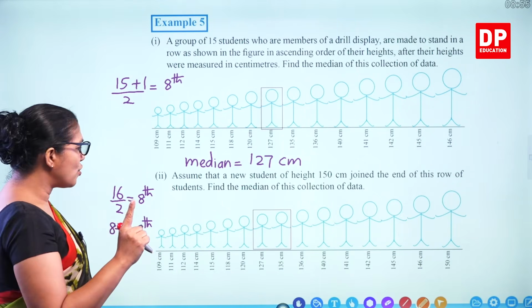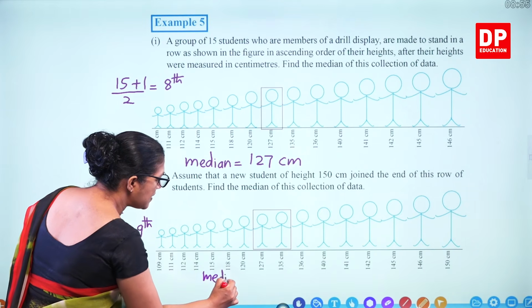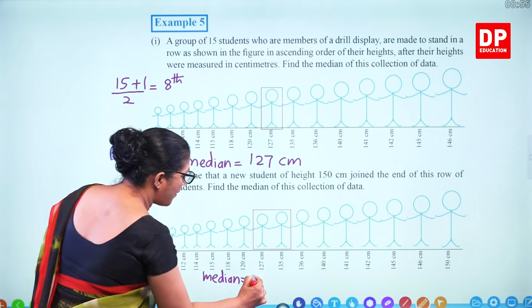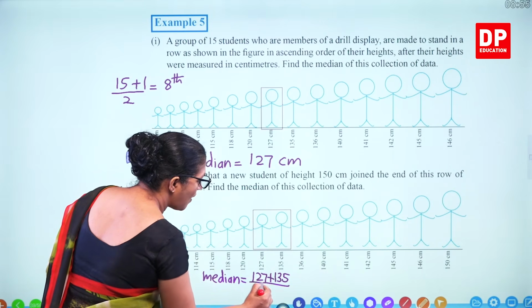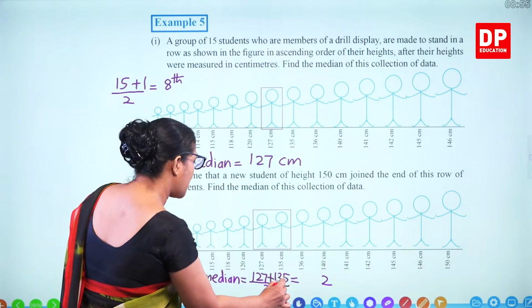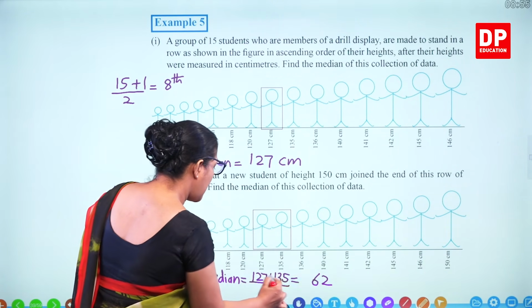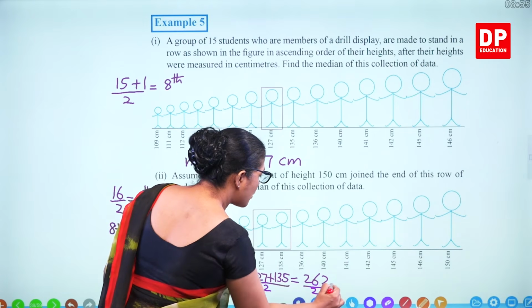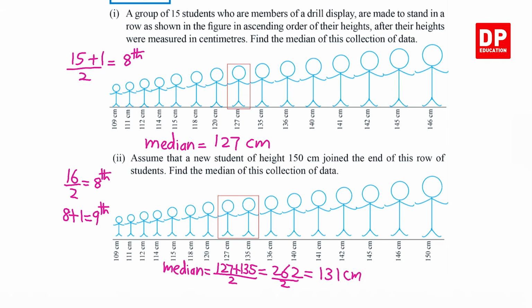Add and divide by 2. Median is equal to 127 plus 135 divided by 2. 7 plus 5, 12, 1 remaining, 6 and 2. Divide by 2, you get 131. 131 centimeters is the median height now.